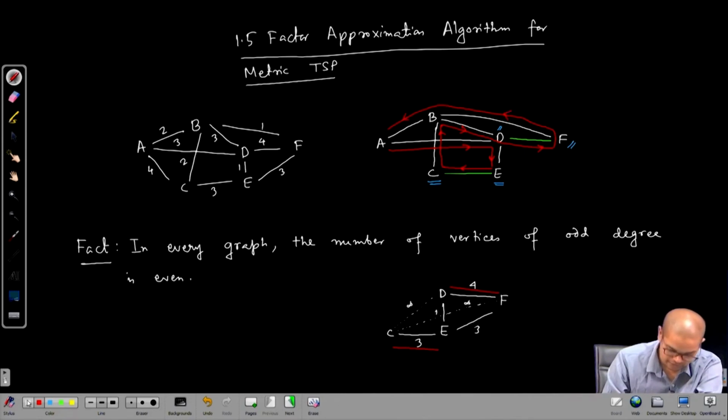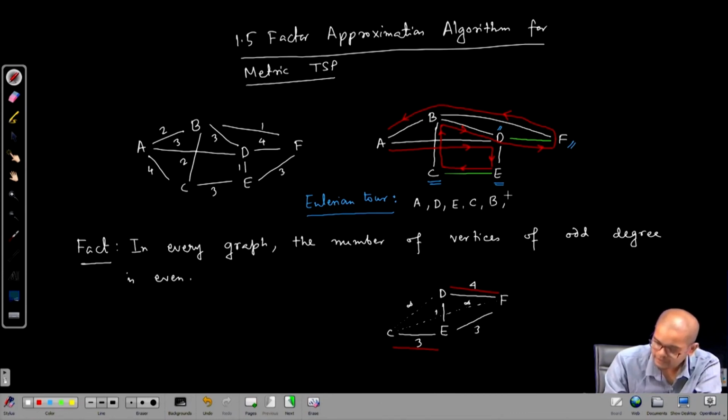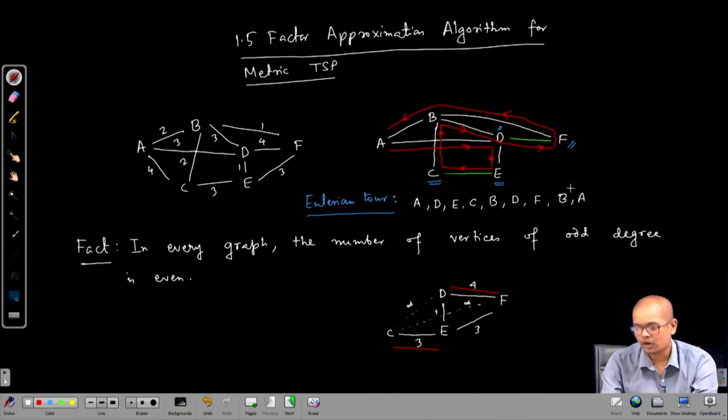So, what is the Eulerian tour here? A, D, E, C, B, D, F, B, and then A.